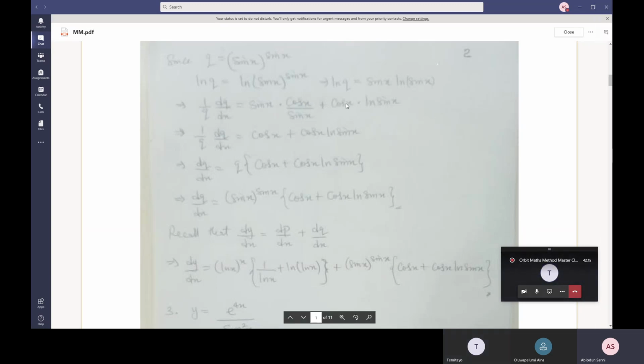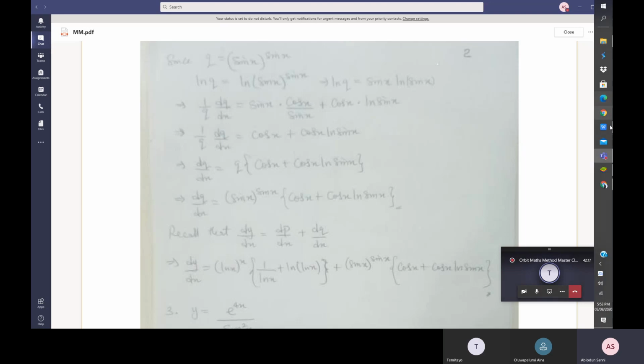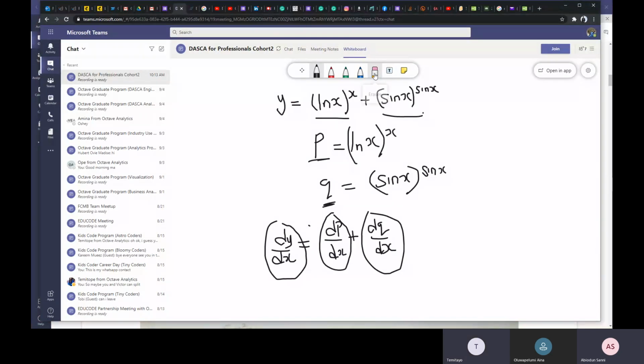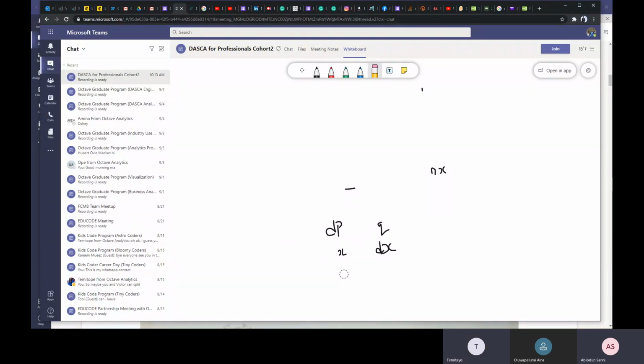Look at here, I wrote cos x times ln sin x. I want to show something. Let me go to the web. I'll use this board here. I have ln q equals sin x ln sin x.